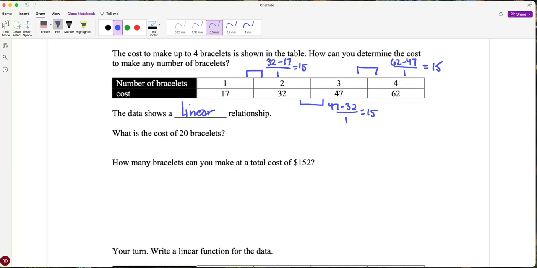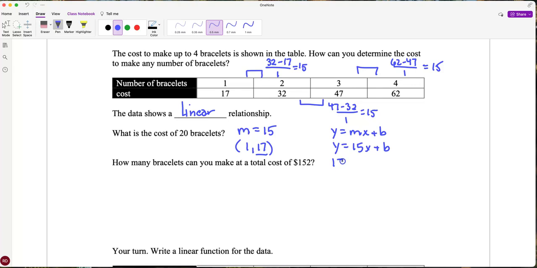This is a line that has a slope of 15, and I know it goes through the point (1, 17). So if I look at y equals mx plus b, then I know that y is equal to 15x plus b.